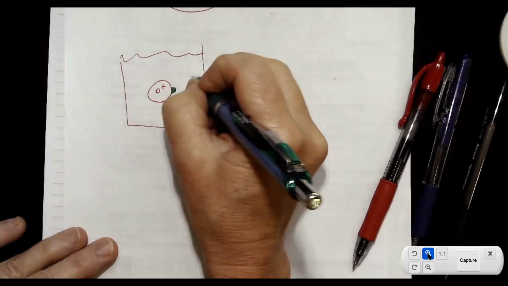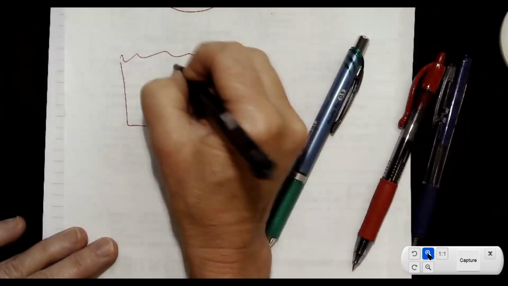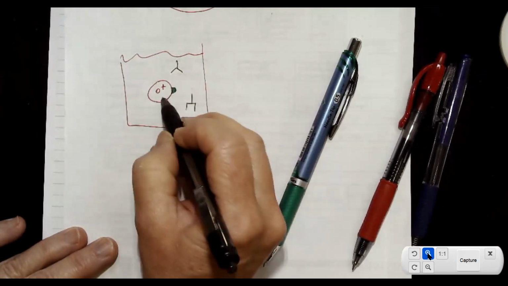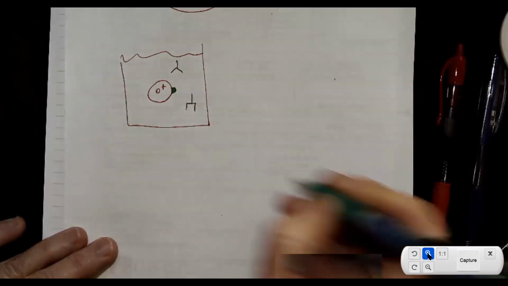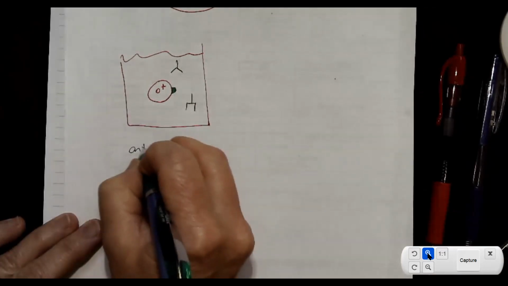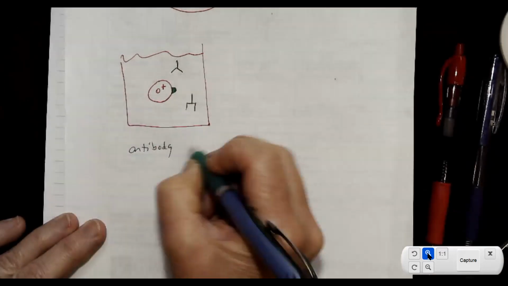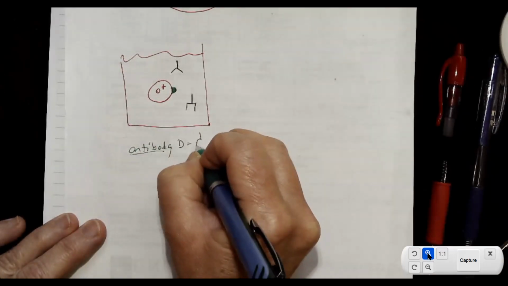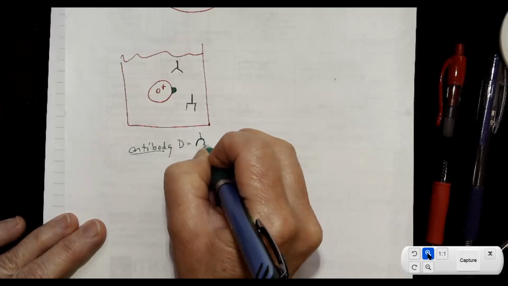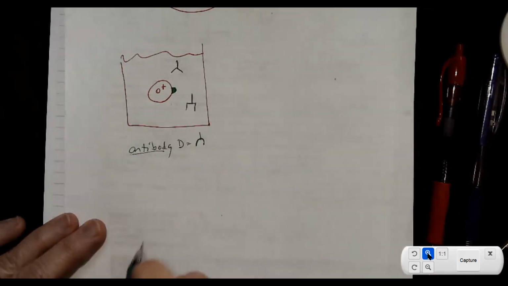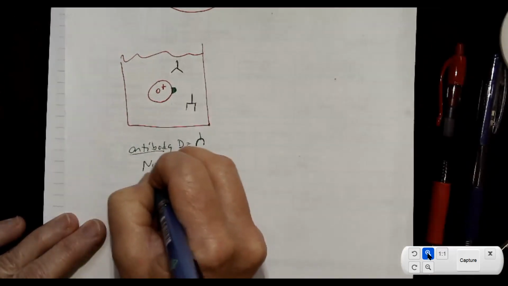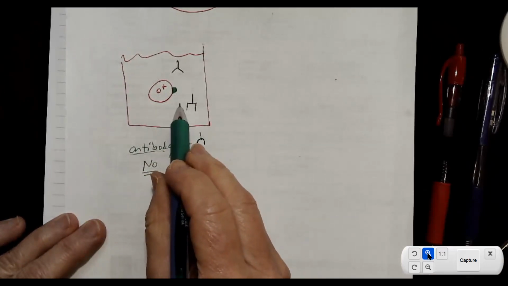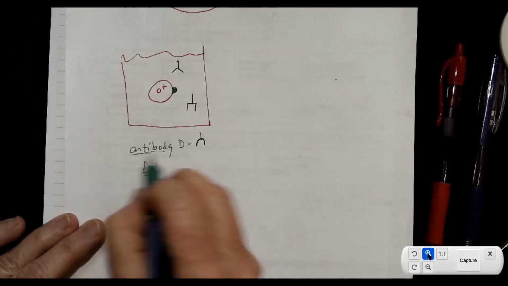Well, I could find A and I could find B because this doesn't have A or B antigens. But would I find antibody, not antigen, antibody D that looks like this? It's arched. Would I find that in that blood? The answer is no. You would not find this antibody in this blood.